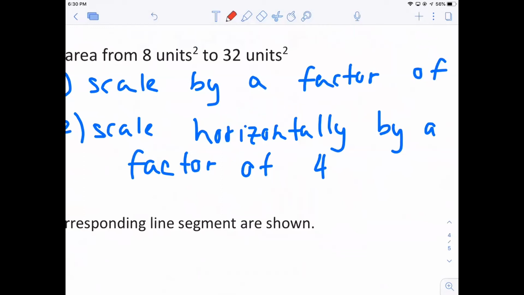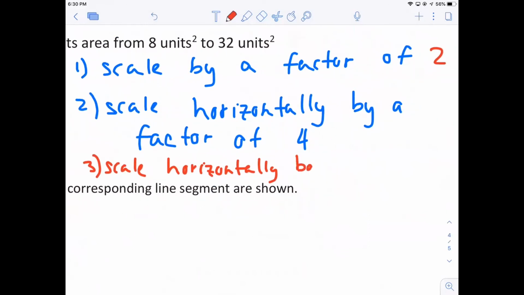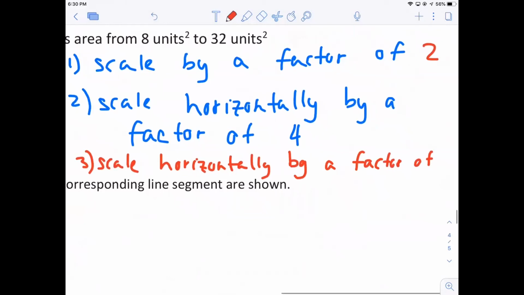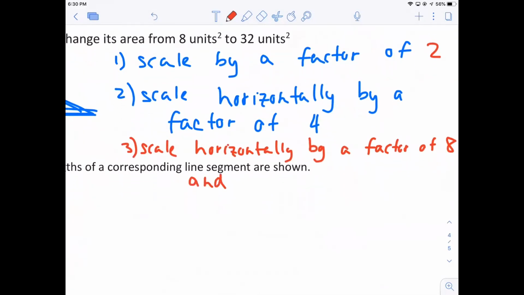We can also scale horizontally by a factor of whatever we want. I can pick any number, but let's say I picked 8. If I scaled horizontally by a factor of 8, what do I need to scale by vertically?